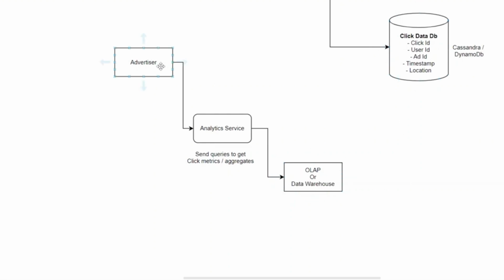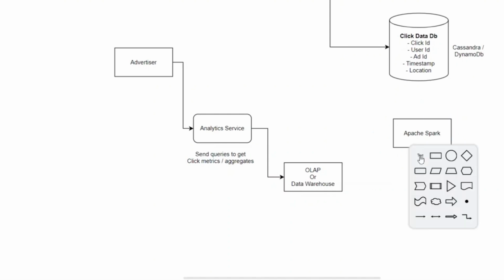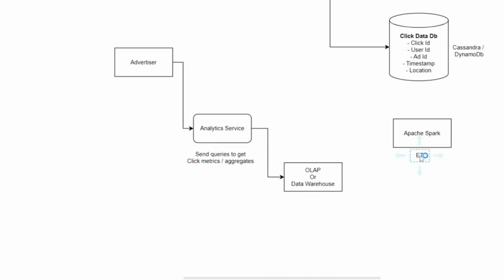So whenever the advertiser wants to view this analytics data, he will directly get it from this data warehouse or OLAP service, so he doesn't need to execute the queries each and every time. Something in between should be Apache Spark, so let me keep Apache Spark here. Apache Spark would perform some extract, transform, load kind of work, some ETL here.